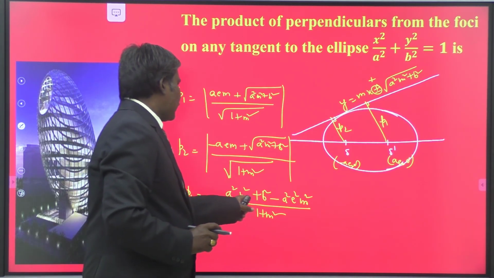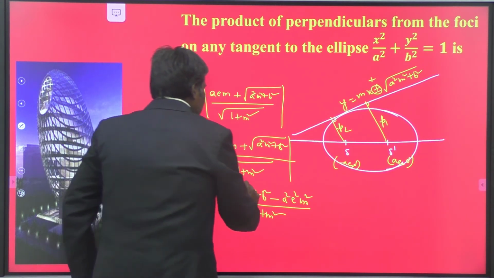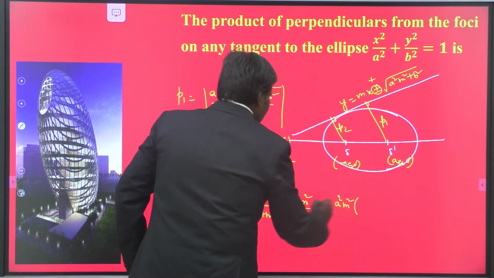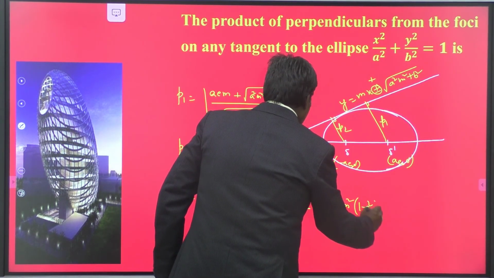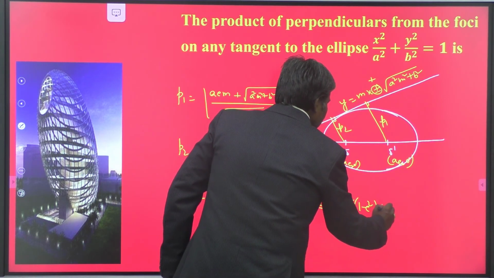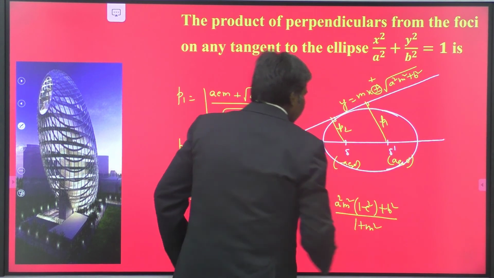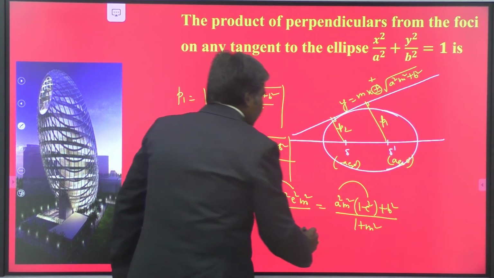So, a square m square and a square e square m square, you can take a square m square common: a square m square into 1 minus e square plus b square, by 1 plus m square. Now a square into 1 minus e square is nothing but b square.